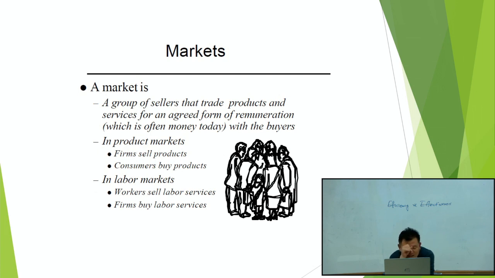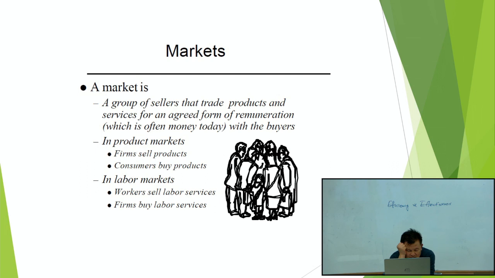This is a market. And there are two kinds of markets, product markets and labor markets. In economics, one research area is labor economics and another is product economics. So when we mention markets, we have these two kinds: the product market and the labor market.